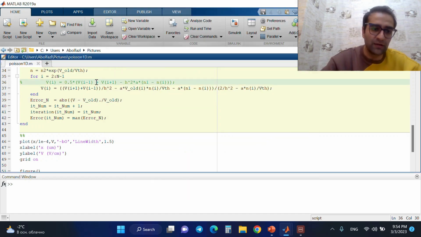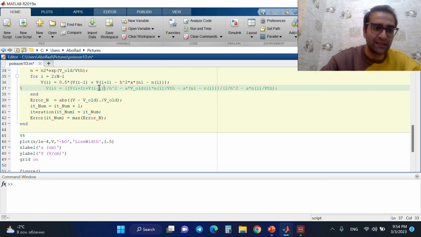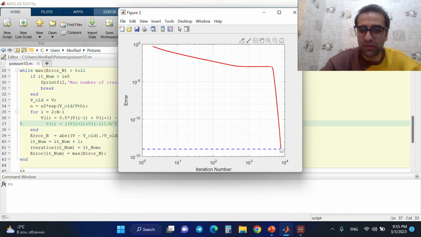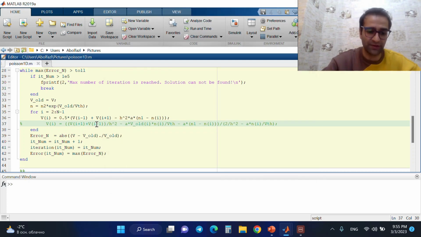But for the upper line, Control T, the nonlinear form of the Poisson equation, the maximum iteration needed to reach the desired tolerance is 7729. So, okay, it works well and it makes the convergence fast.